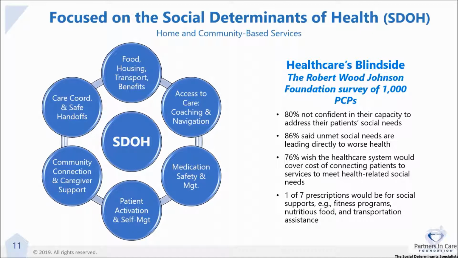And CMS has said that now, if there's a particular need in order to keep someone healthy, such as a nutritious diet delivered to them for some period of time, the managed care plan can provide that coverage. Or if in order for them to get to their physician's appointments or to other critical appointments for their health, they need transportation assistance, they'll be able to get that coverage. So that's something that's going to be new as of 2020 for Medicare Advantage plans.